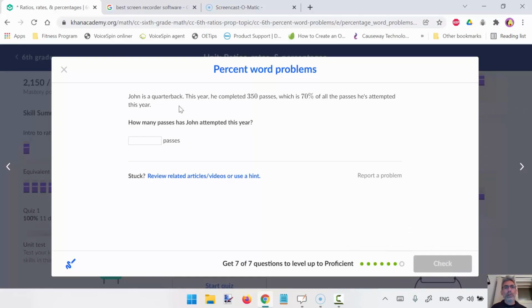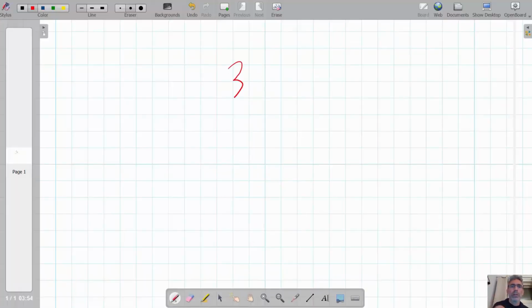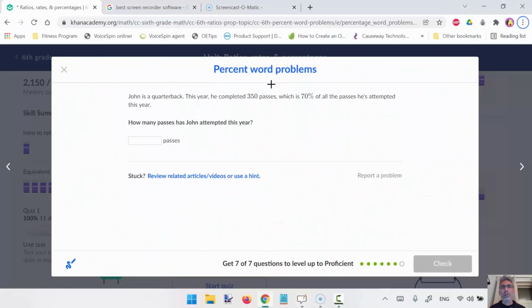John is a quarterback. This year he completed 350 passes, which is 70% of all the passes he has attempted this year. How many passes has John attempted this year? Okay.